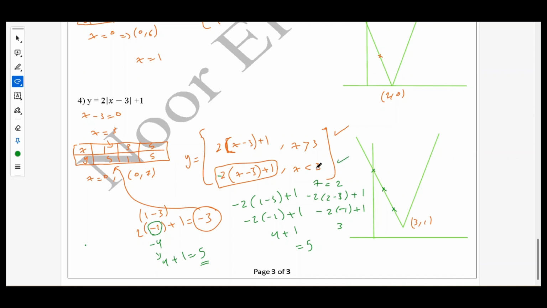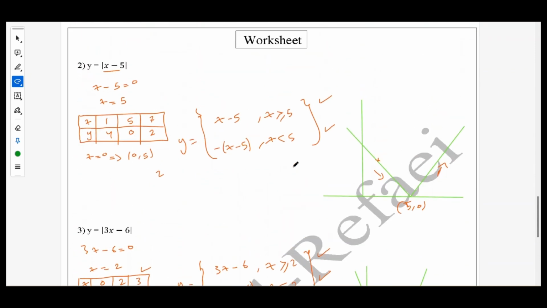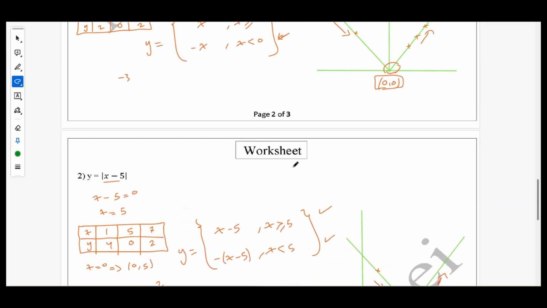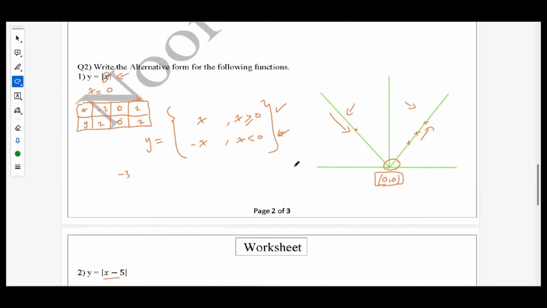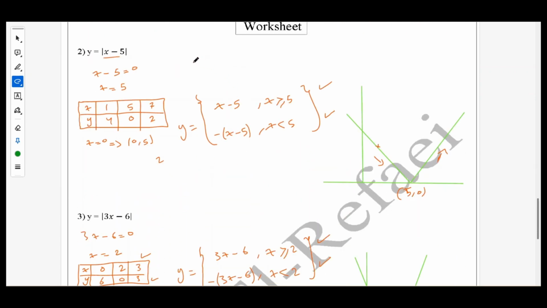Now I have to write the equivalent sign for the increasing part. Take a revision for the transformations that we learned at AS level. The first equation has no transformation. The second one, what is the type of transformation I have here?